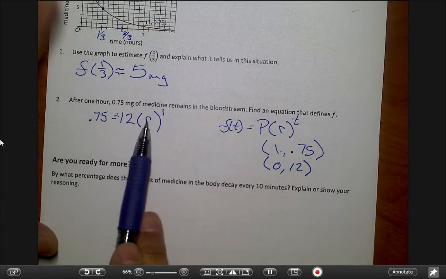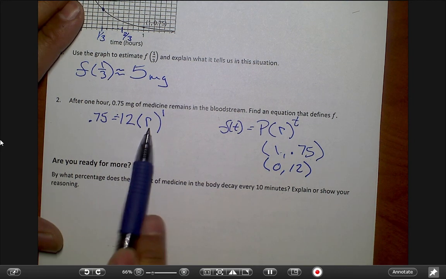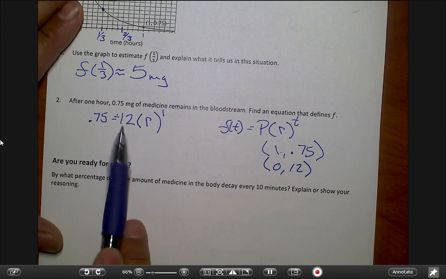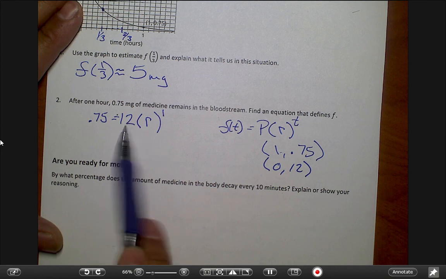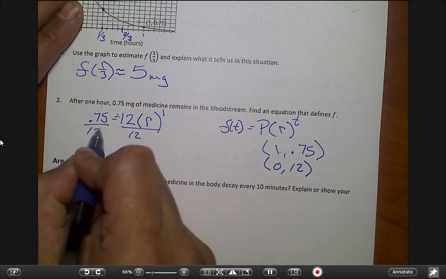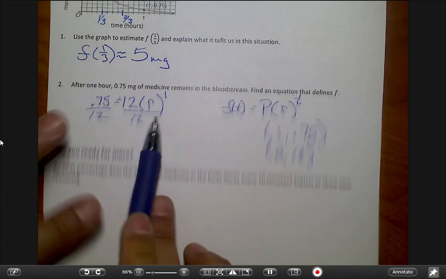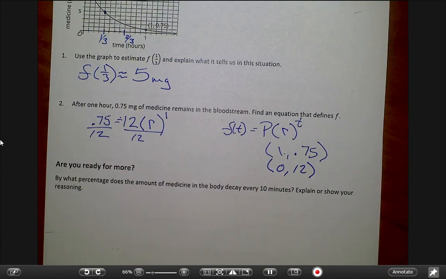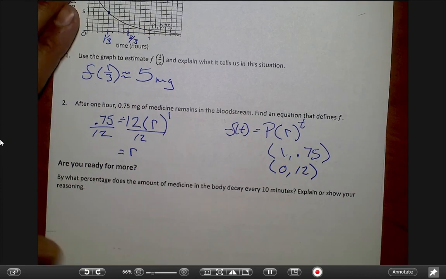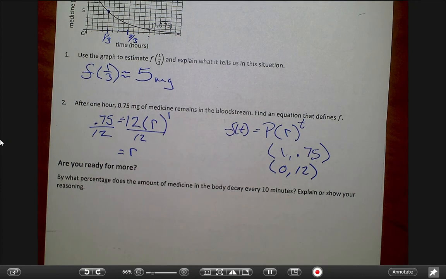If I want to get r by itself, what would I do? Divide everything by 12. Because I have to get rid of the 12, right? I want to keep the r. And r to the first power is just going to be r. Very good. So here it's going to say r is going to be equal to, can you tell me what that comes out to be?